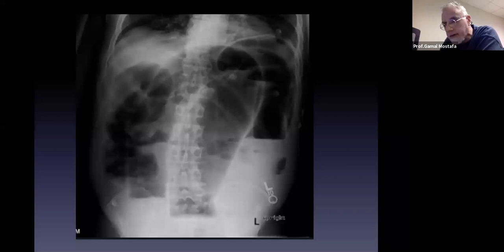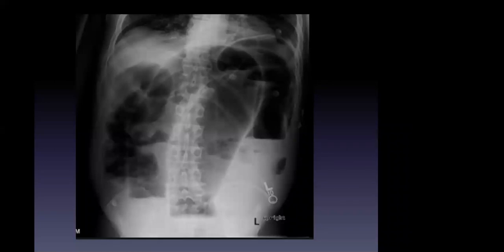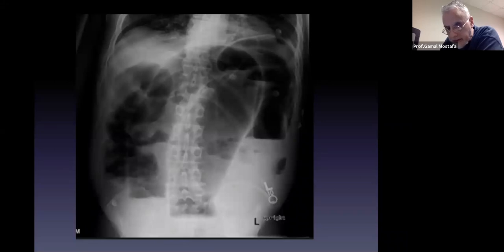Because there are so many things that should be done, and the last of them and the least helpful is going to the operating room. So the first question that this CT with rectal contrast, or gastrografin enema if you want, water-soluble enema, that's fine, but CT is better, and we'll see why. The first question that this is going to answer for you is: is that an obstructed colon or not?